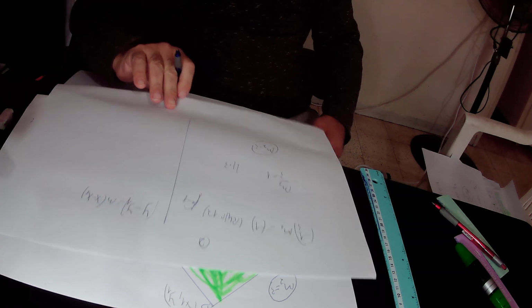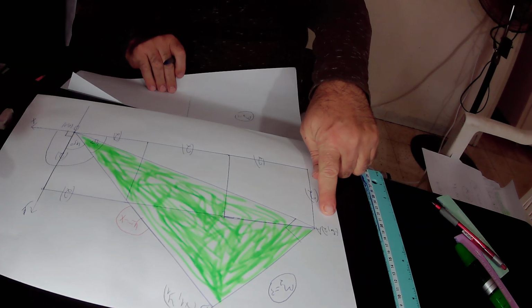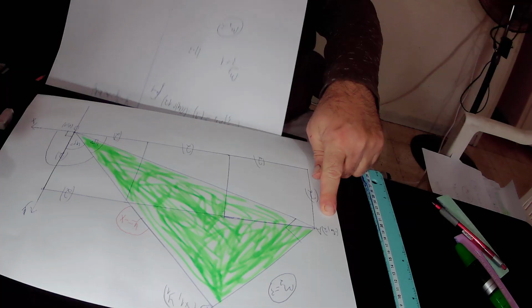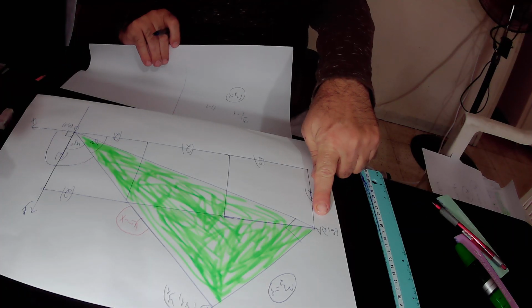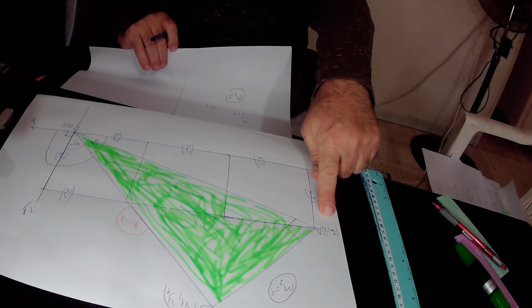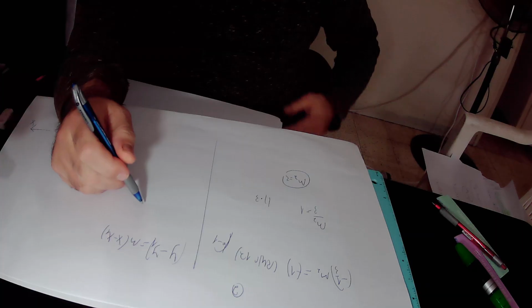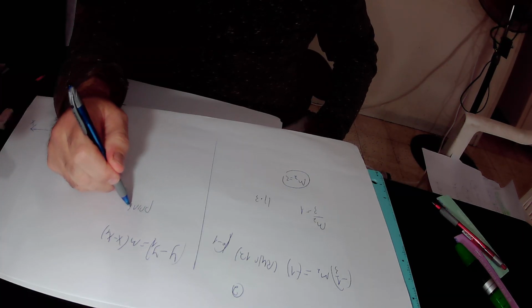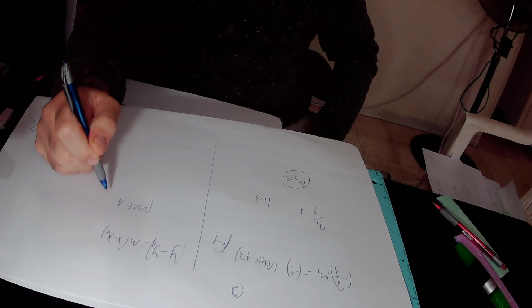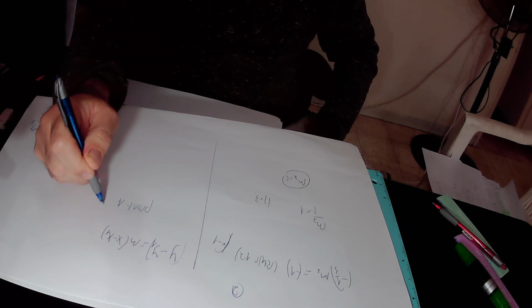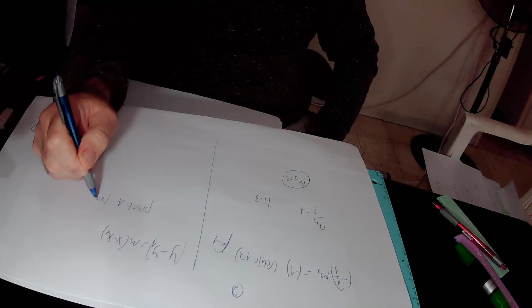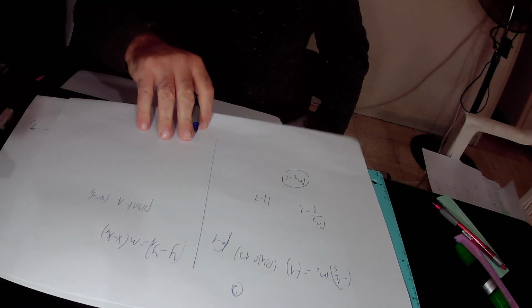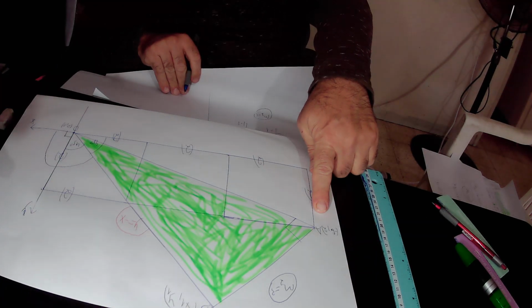In this case, x1 equals minus 6, because we know that point A is minus 6 and 2. That is to say, the x coordinate of point A equals minus 6, and the y coordinate of point A is 2.